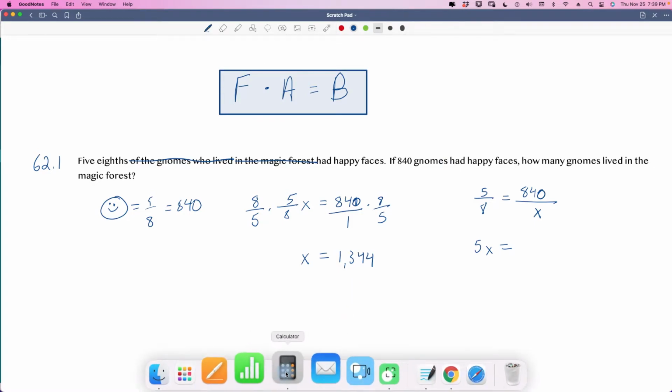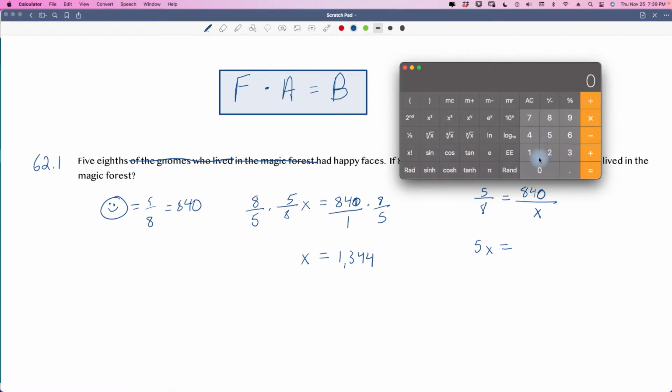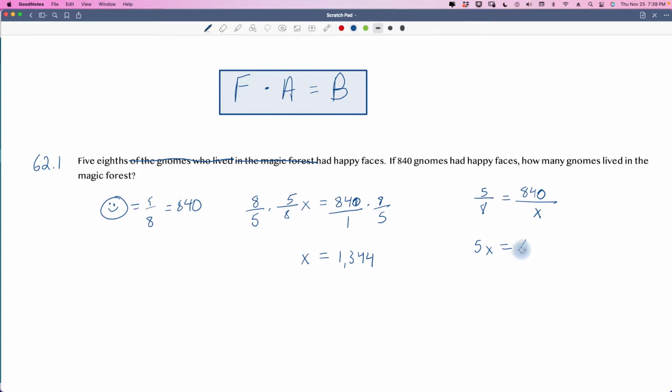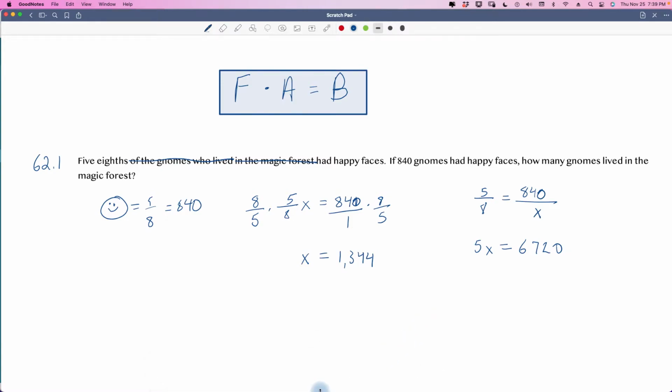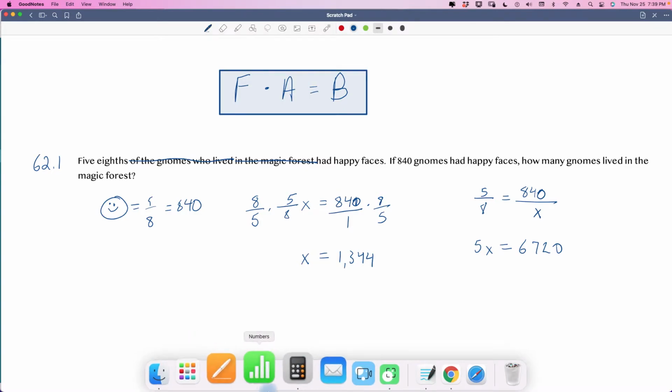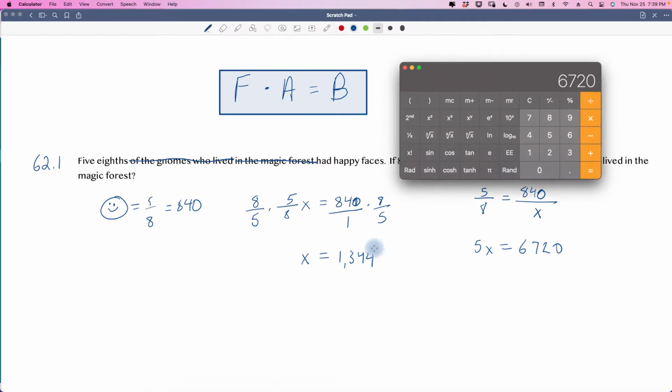let me get the calculator to come up. 8 times 840 equals 6,720, right? And then we divide that by 5 because 5 times x is 6,720.